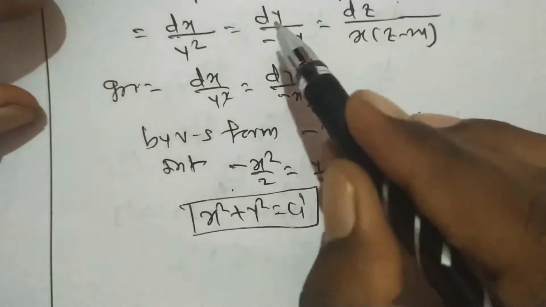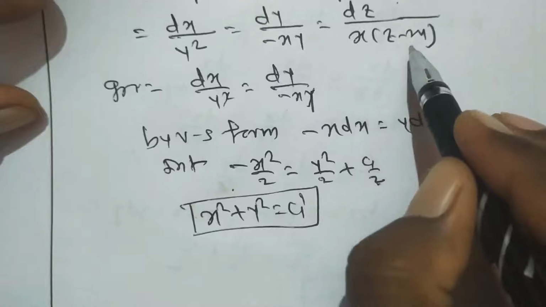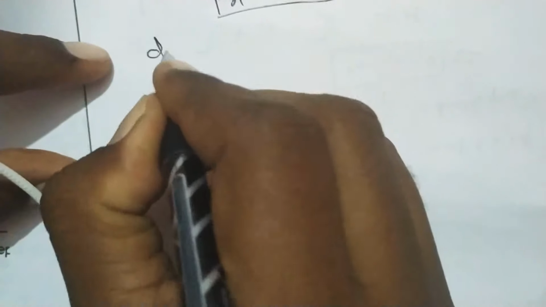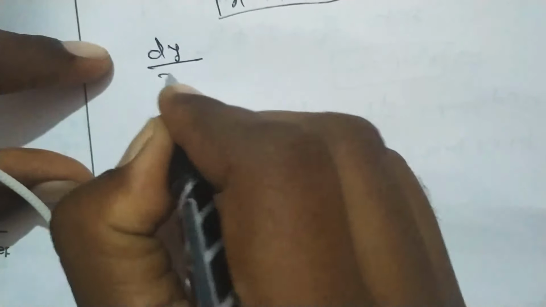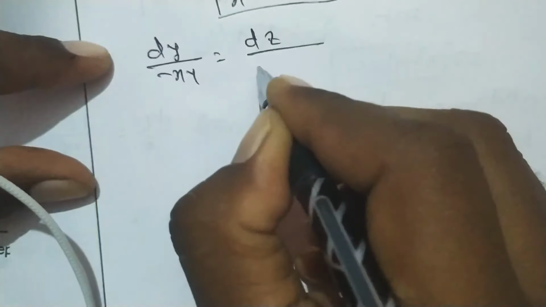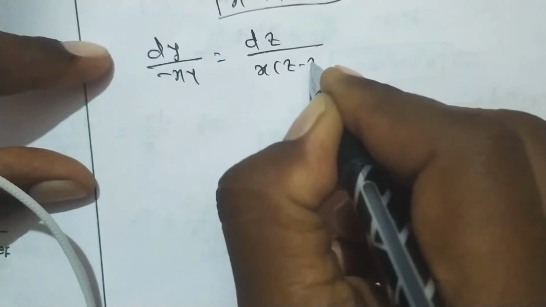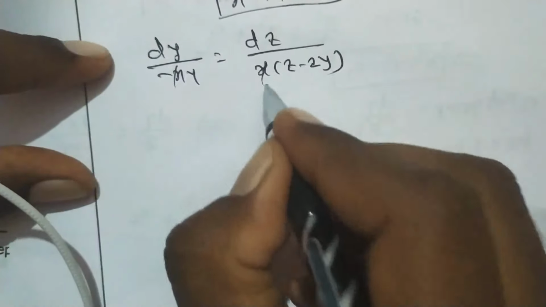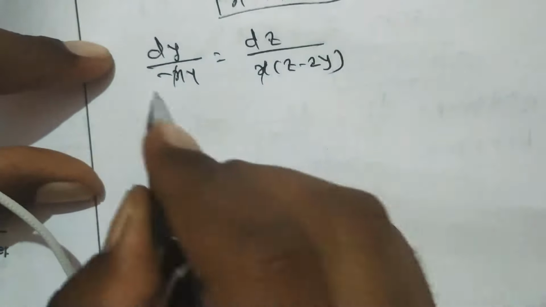Yes, dy upon minus xy equal to dz upon x into this. We can choose this group because x gets cancelled. So choose the second group here. Second group is dy upon minus xy is equal to dz upon x into z minus 2y. Okay, so these x's get cancelled. How do we solve this differential equation?